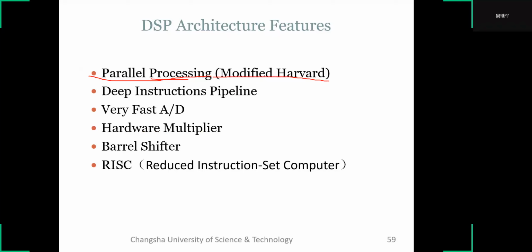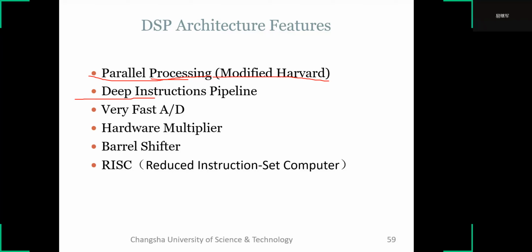The Harvard model, the memory for the data and the code is different. The von Neumann model, the memory for data and code is the same memory.